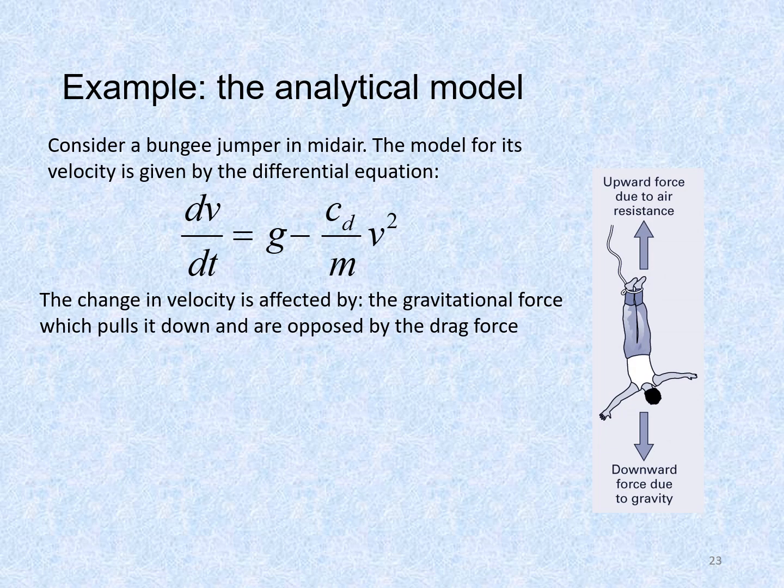The change in velocity is affected by gravitational force, okay, and the drag force of the rope. So there are two forces acting. Gravity acts in which direction? Downward, and the drag is taking him up.